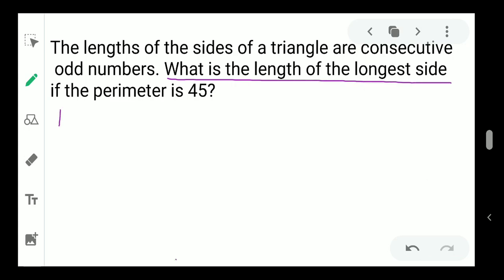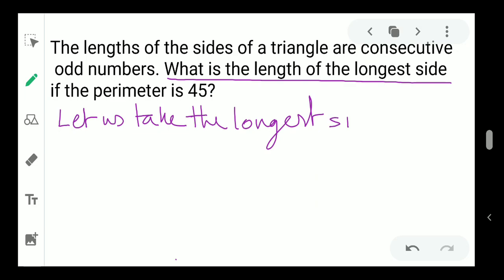So what I will do, I will first take that as a variable. So let us take the longest side as x. Okay.